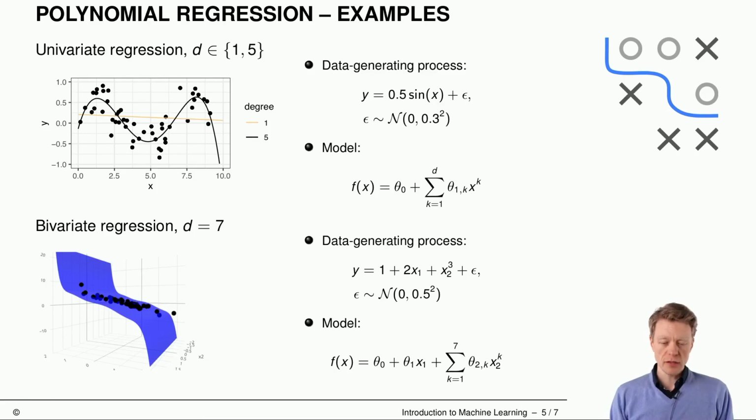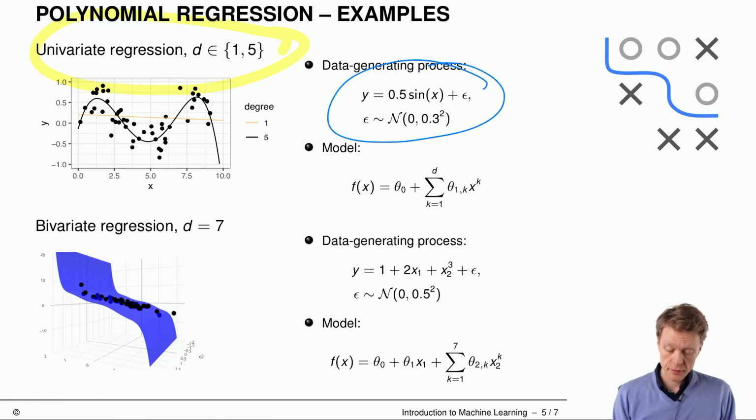Let's have a look at some examples here. In the upper part, univariate regression. The data generating process is like this. So we have 0.5 times the sinus of x plus a random Gaussian noise with mean 0 and standard deviation 0.3. Okay, those are the black points here on the left-hand side. And then we have two models. The first model is a linear model with degree 1.